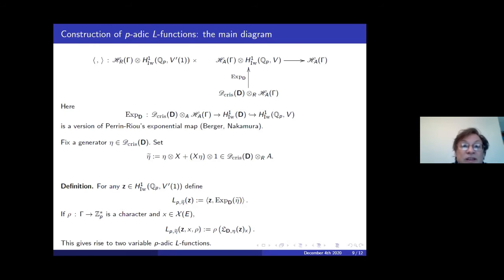The general strategy of construction of P-Adic L-functions by Perrin-Riou methods consists of choosing some generator here and some special element here, special element which comes normally from the Euler system, and considering this pairing, evaluating this pairing at these elements, and this gives some element here which can be seen as a distribution.